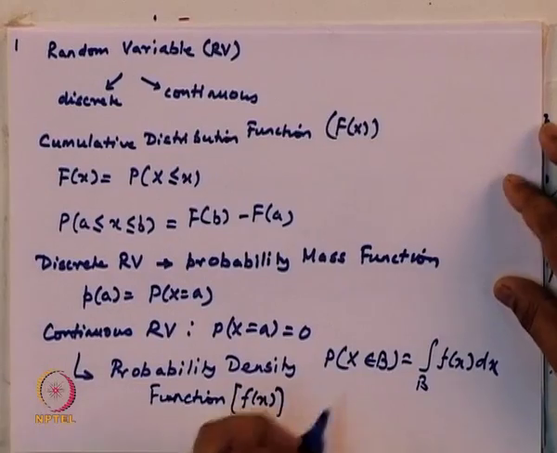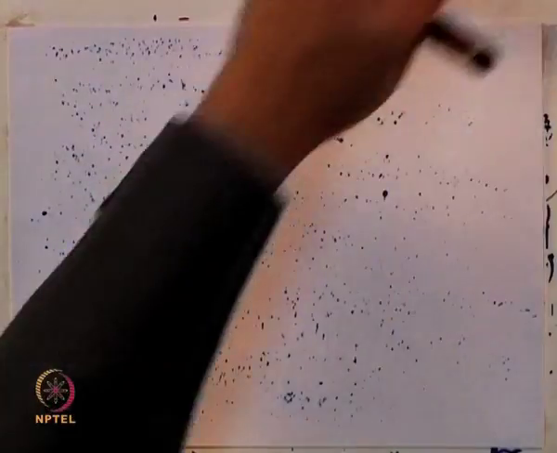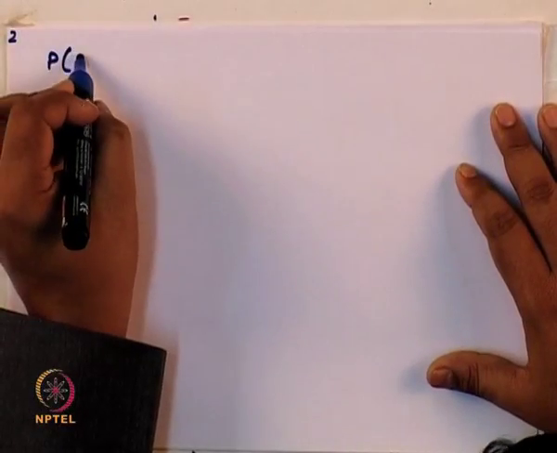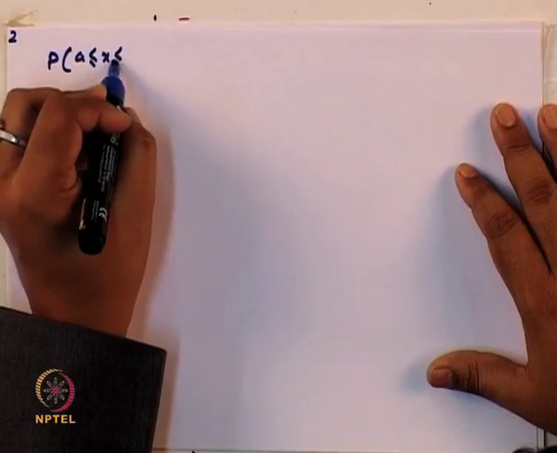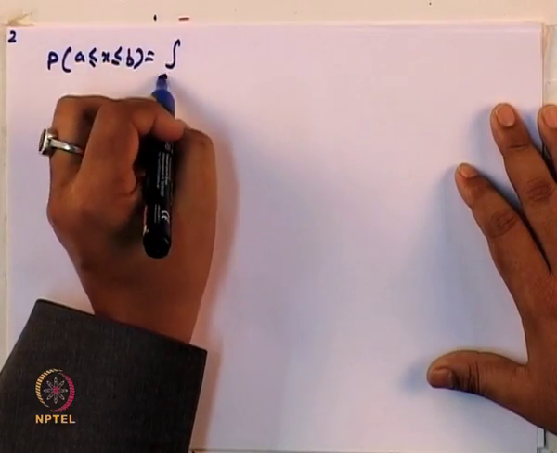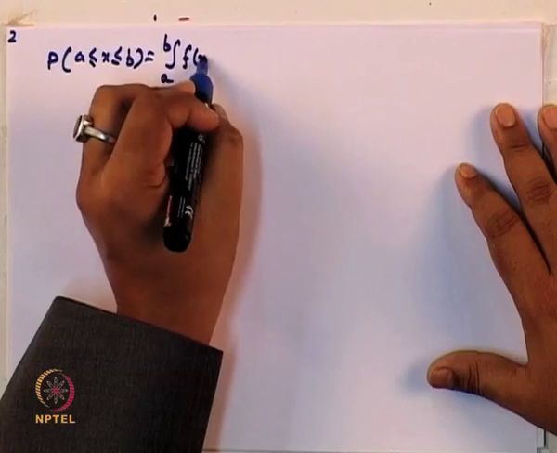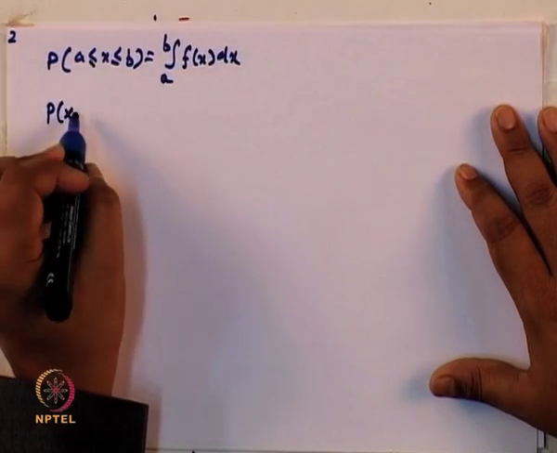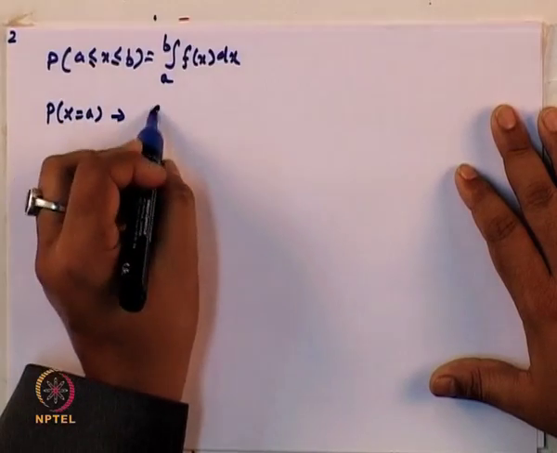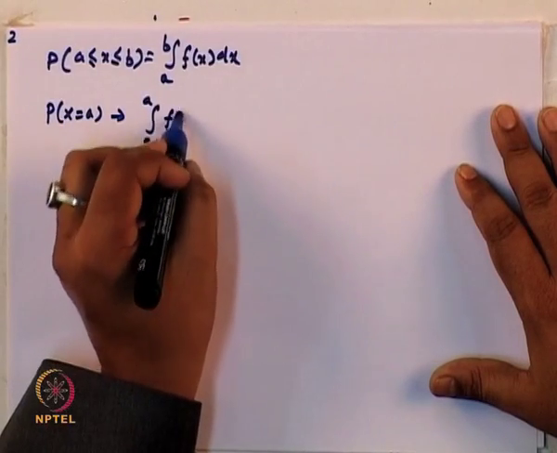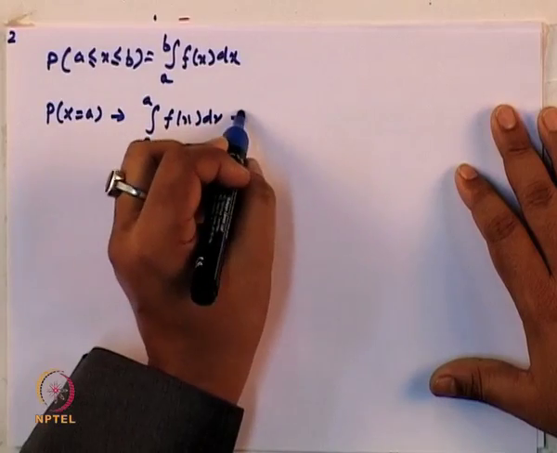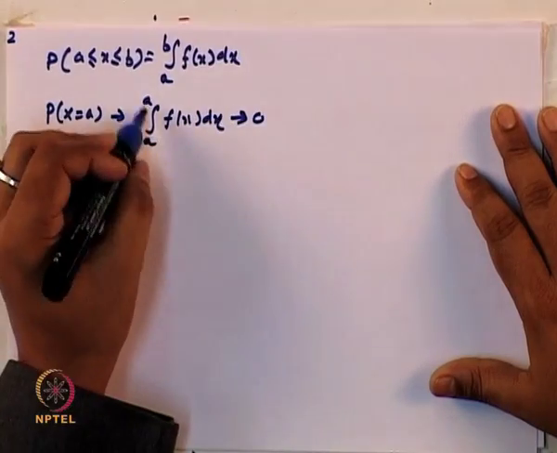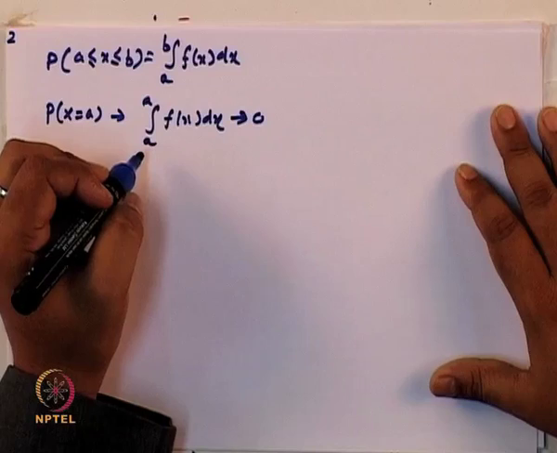So, this would mean that the probability of a less than x less than b is the integral from a to b of f x dx. So, the probability of x equal to a would amount to the integral from a to a of f x dx, and this is nothing but 0, because you have the same interval.